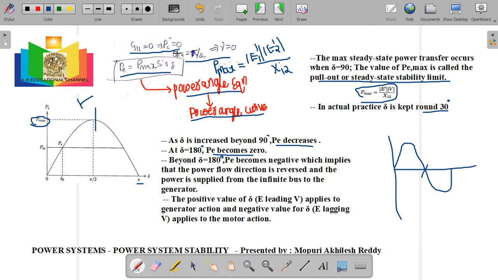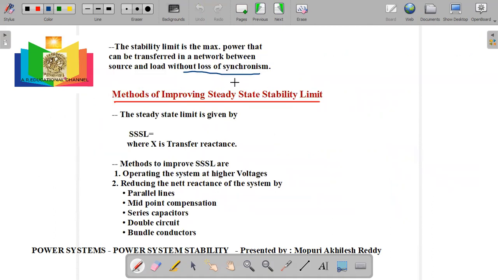Now, methods of improving the steady state stability limit. What is the steady state stability limit? P max is equal to modulus of E dash into modulus of V divided by X, where X is the transfer reactance.